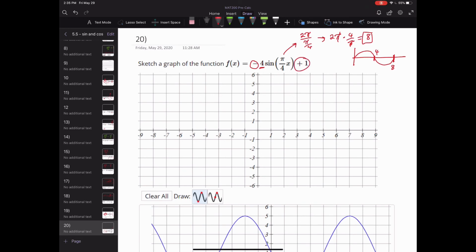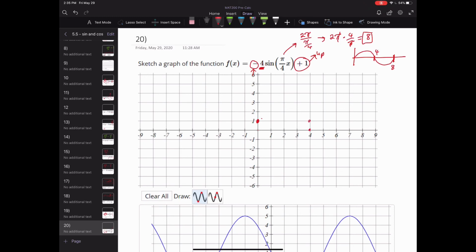But everything gets shifted up 1 because this is our vertical shift. So let's do that. So instead of starting at 0, I'm going to start at 1 because it got shifted up 1. And the amplitude is 4, but I know that it got flipped, right? So instead of going like this, I'm actually going to go down, but I know that the midpoint is at 4.